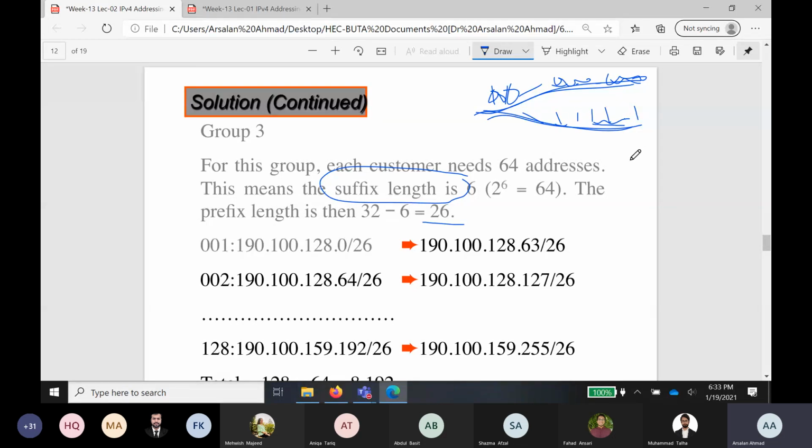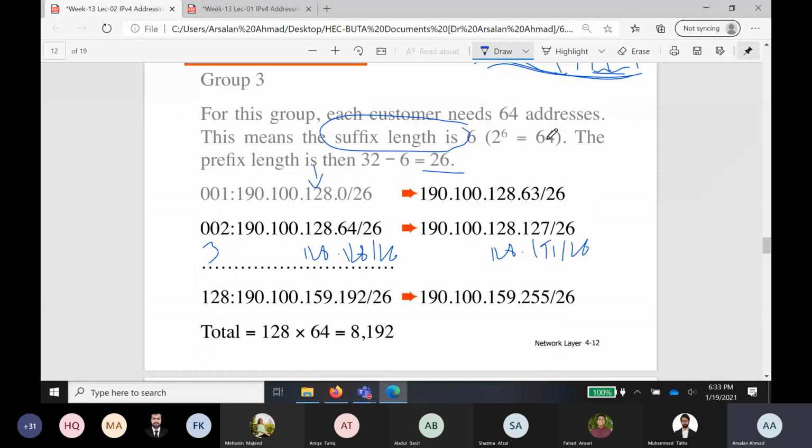So the next one will be 128.128, the third customer, 128.128/26, and then 128.191/26, and the fourth customer again will remain in this 128. Okay, so you accommodate 4 customers in one movement of the third octet, because the requirement is 64. Obviously 64 times 4 is 256, and 256 is the number of addresses in the rightmost octet. Okay ji? Well, okay, so the last address will be something like that.